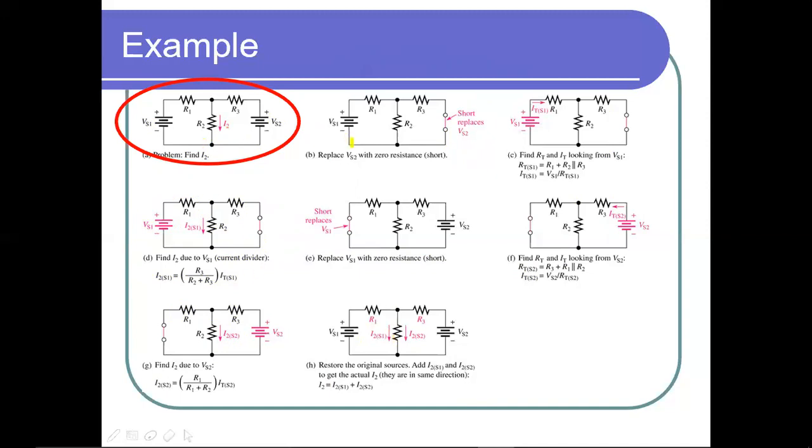Here, 1, 2, 3, 4, 5, 6, 7, a total of 7 steps are mandatory. So this is the final circuit. For every problem with any circuit, there is a final circuit. You need to draw that circuit at the end of your problem, right?